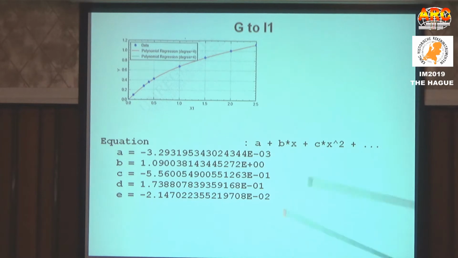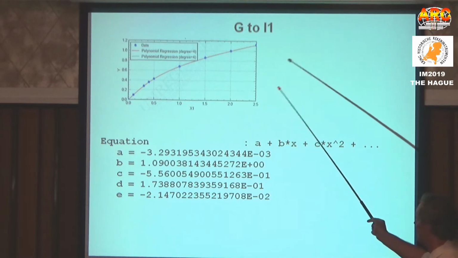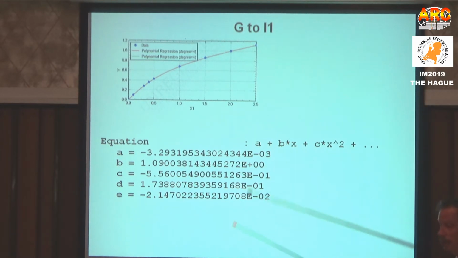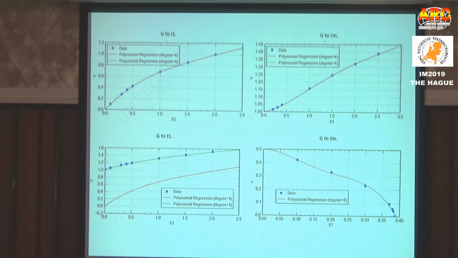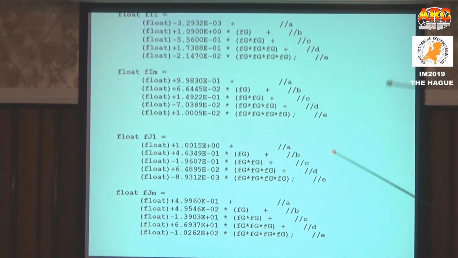And that tells me that the formula relating G to I1, the relationship between the G scale and the I1 scale, is something like that. So it's an equation to the 5th power. And for the other possible scales, I have other similar formulae, which end up looking like this. So now I can write some software to do some actual mathematics to simulate the operation of that slide rule.